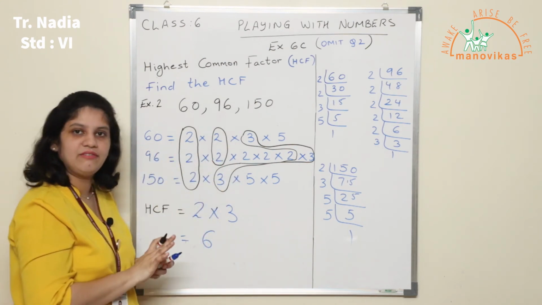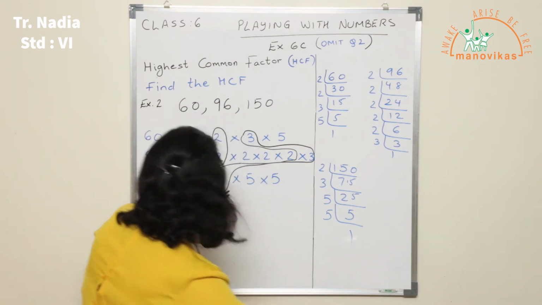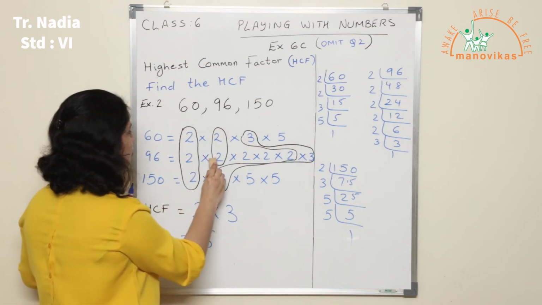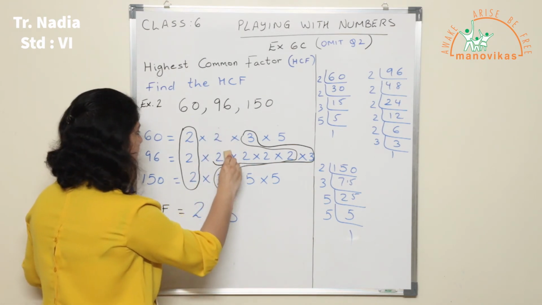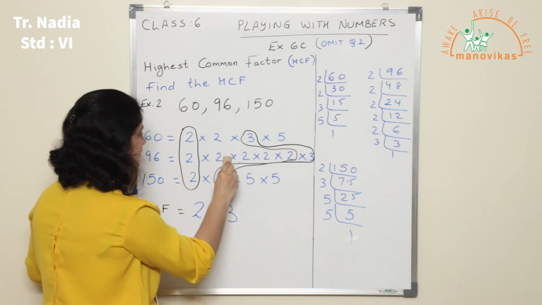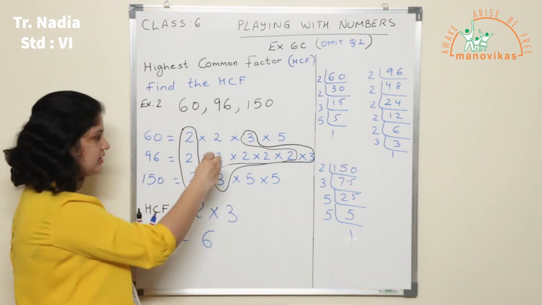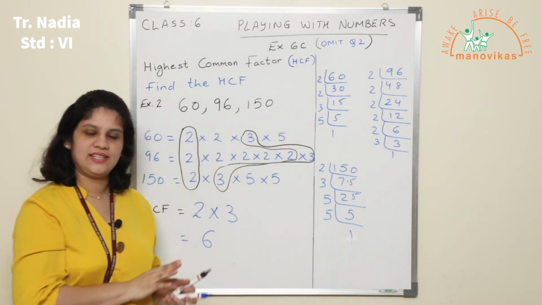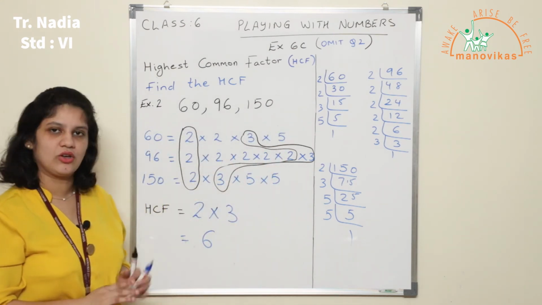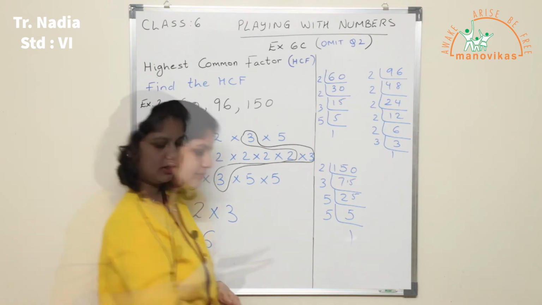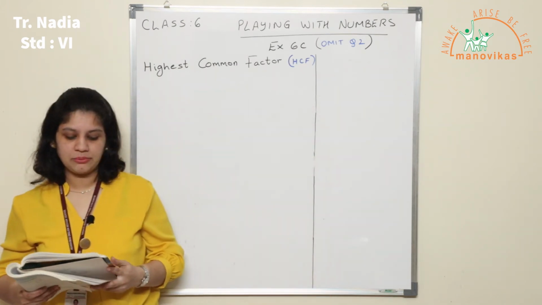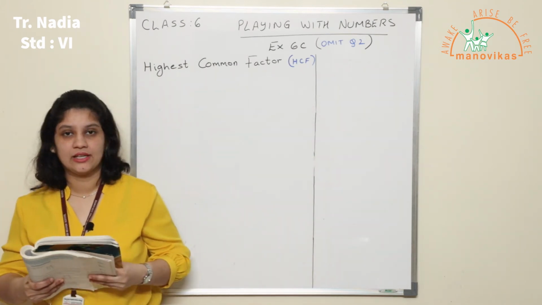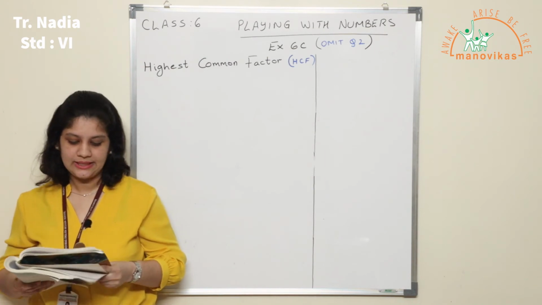This kind of circling will be wrong because the third number is not having a 2 to complete your set. So please don't do anything like this. This method would be wrong. I cannot circle only these 2's. Alright, so I hope HCF with 3 numbers is also clear to you all. Okay, so having understood this, I am sure you all will be able to complete question 1 of exercise 6C.